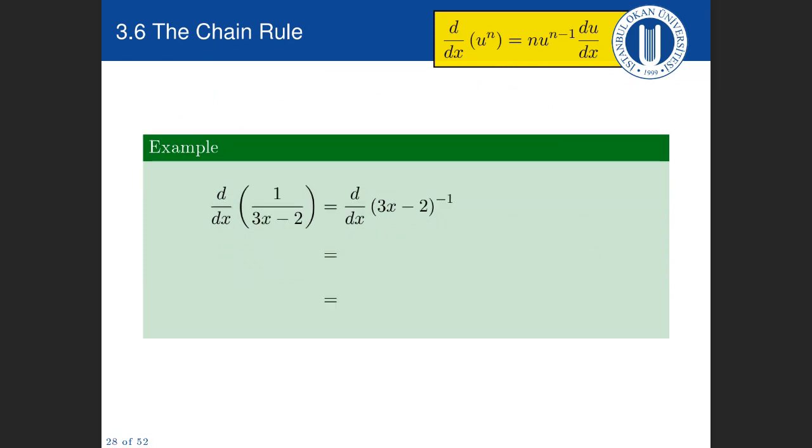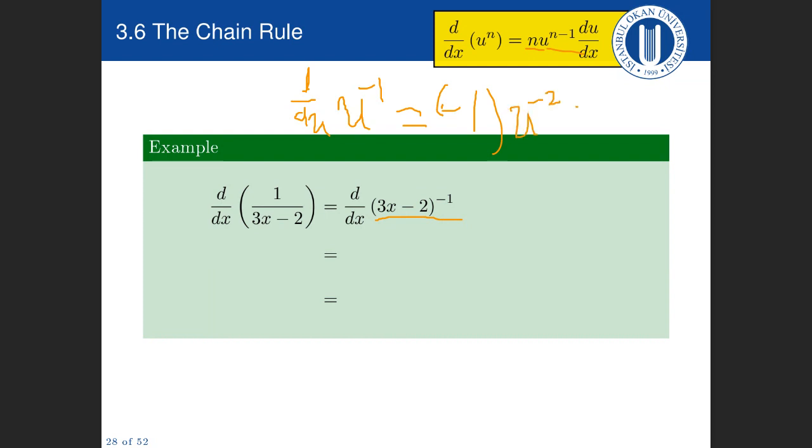Let me repeat slide 28 again. Again, we have the derivative of u to the power n. Here I have d/dx of u to the power minus 1. So looking at the formula in the yellow box, first we have n, so that's minus 1. And then we have u to the power n minus 1. So for us, that's u to the power minus 2.